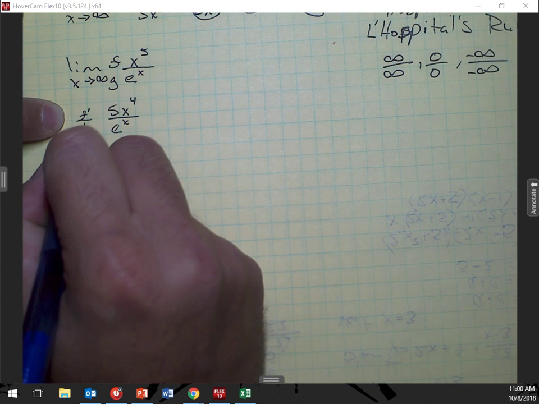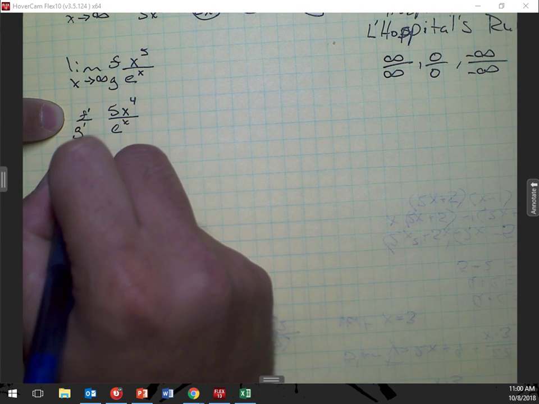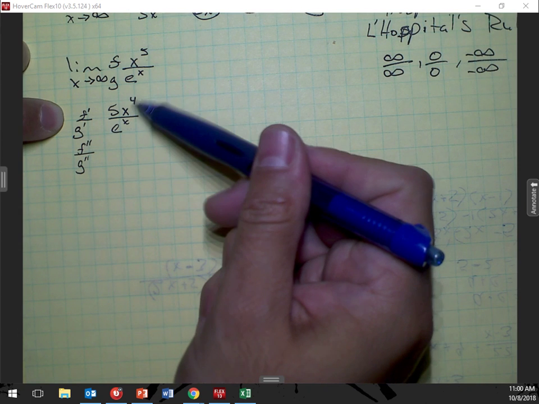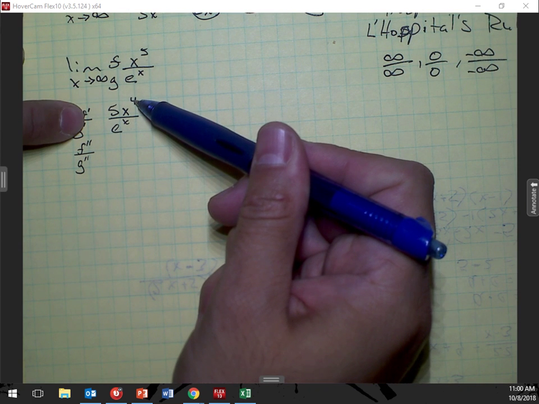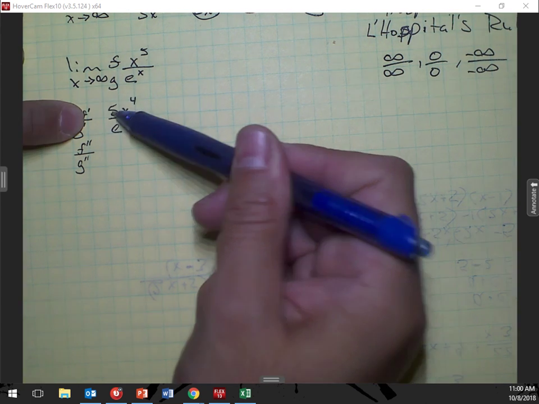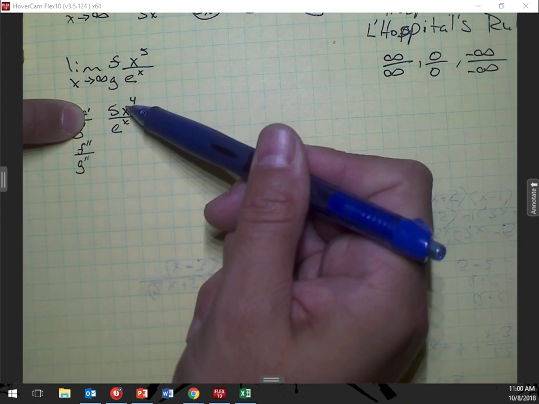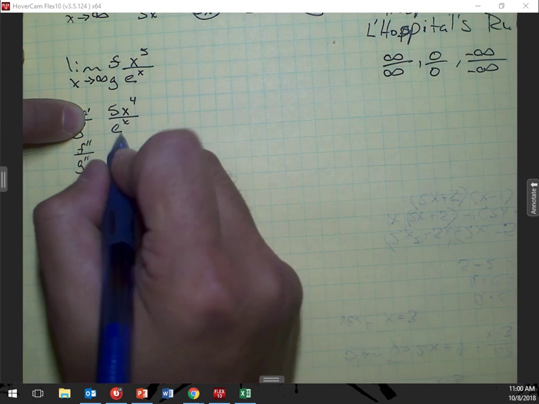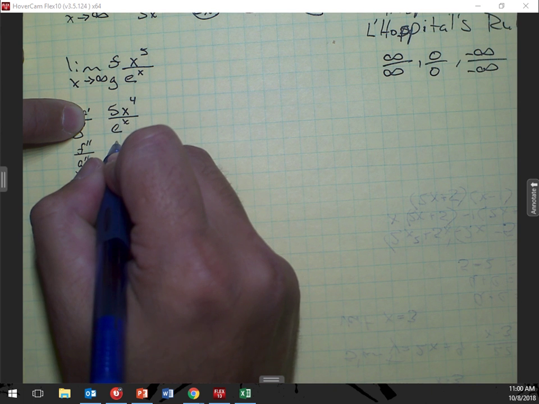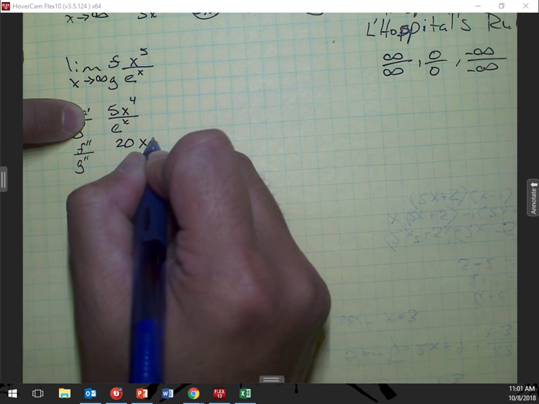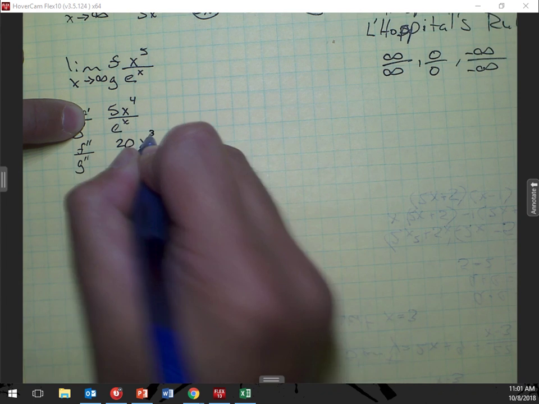So f double prime over g double prime. Now right here, that 4 is going to go out here, but there's a 5 already there. So I multiply, and that's going to give me 20x to the, how many? 3, right?